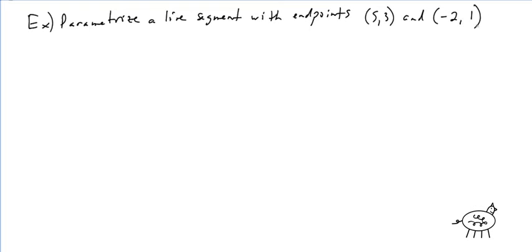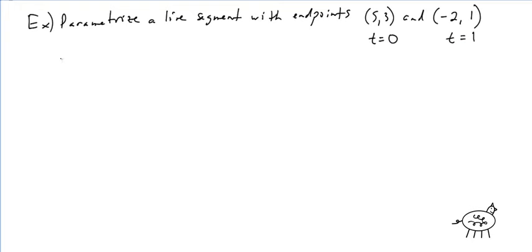This is all in terms of x and y, and with a parametric equation you have x, y, and t. So I am just going to set my initial point equal to t equals 0, and my terminal point equal to t equals 1.